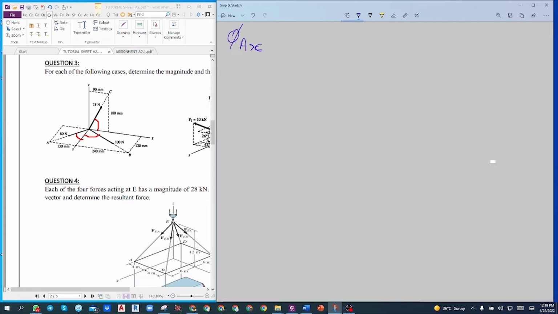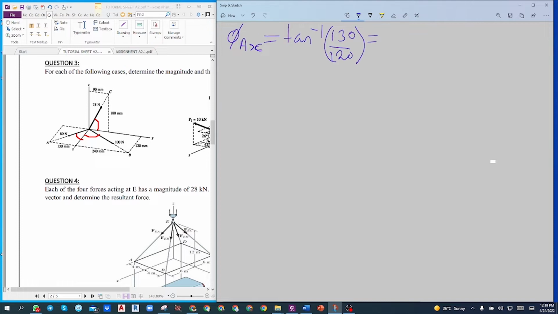So phi AX will be the tan inverse of, from what I'm seeing, 130 over 120.